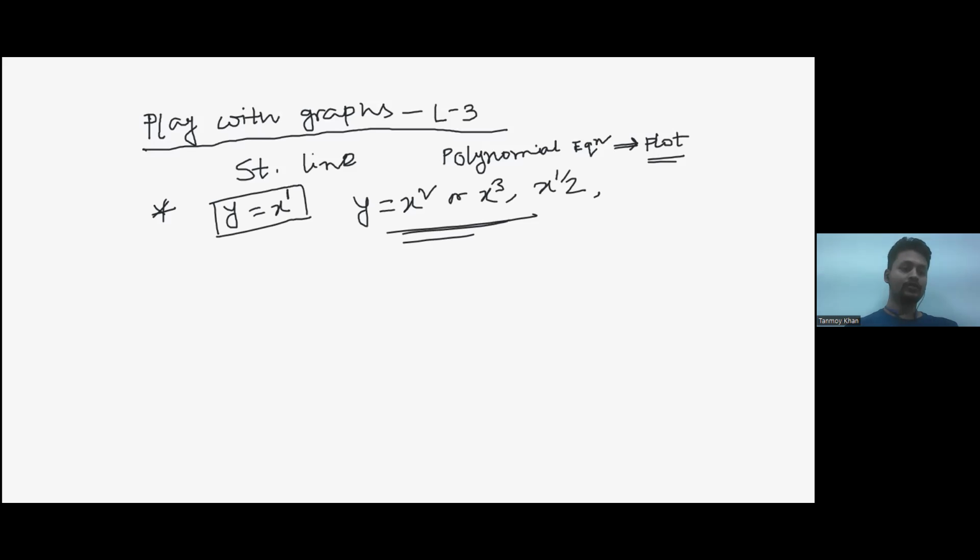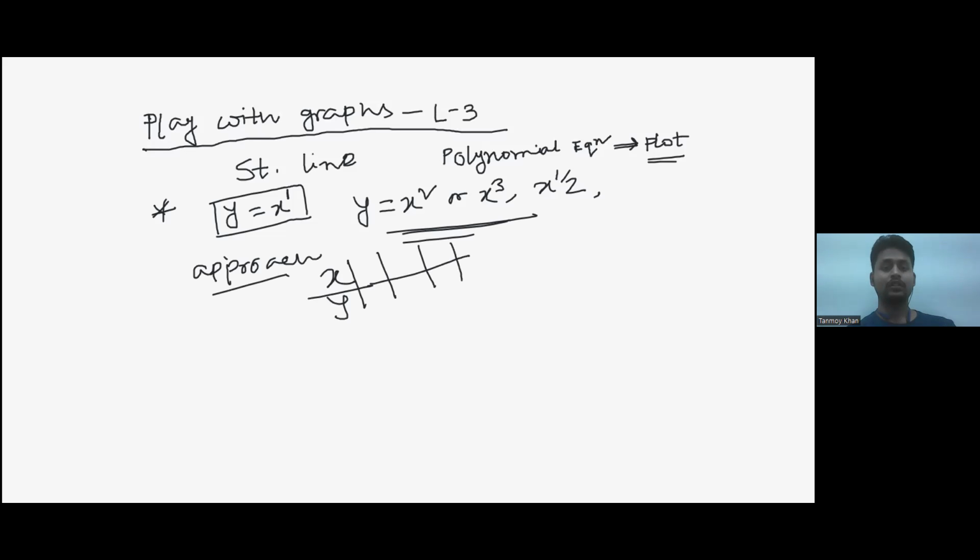Okay? So in the first class I gave some approaches. One of the approaches was, if you know the value of x and the corresponding value of y, then if this is 1, this is something. If this is 2, this is something.